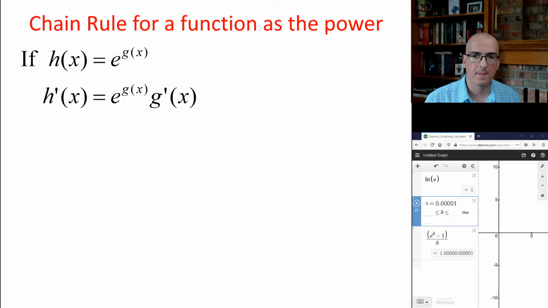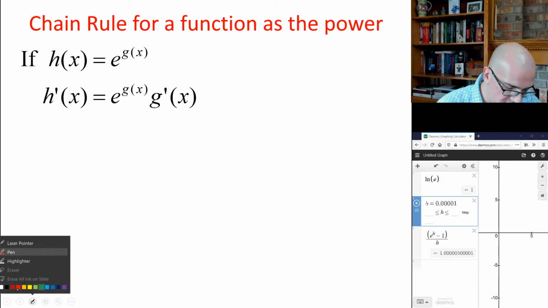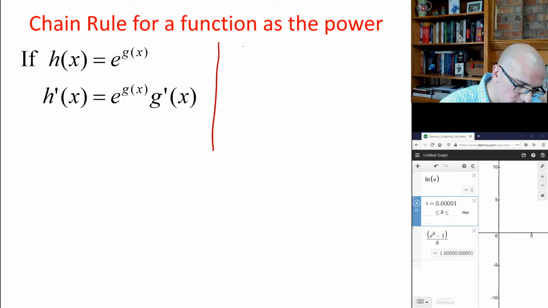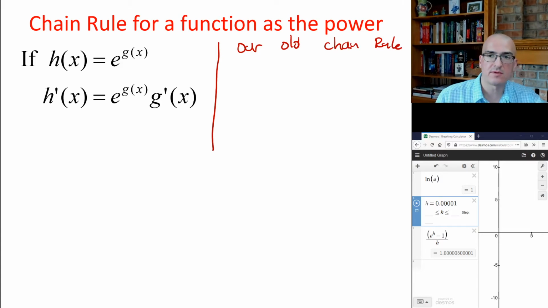So far, we've had one type of chain rule. So our old chain rule was the following. I'll start with an example, and then I'll put the general format of it underneath.